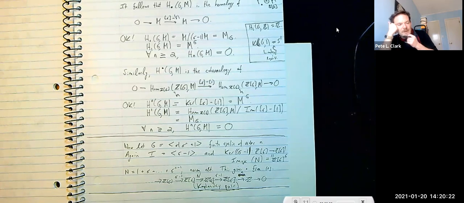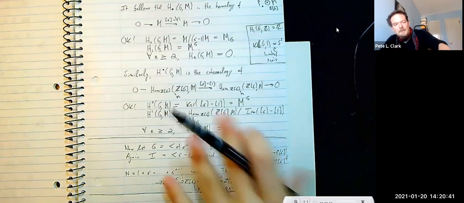I'm just going to get a bunch of copies of M, and then the maps between them are either going to be sigma minus 1 or the norm map. And similarly for cohomology, you're just going to be taking the homology and cohomology of a complex. You have to pay attention to what the maps are, but each term in the complex is just going to be M itself. So that's pretty easy.